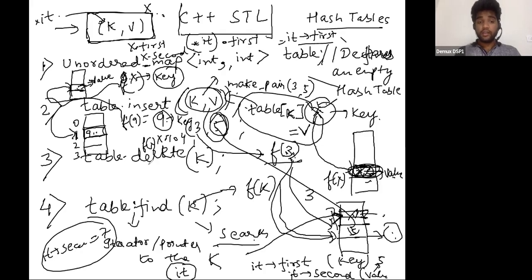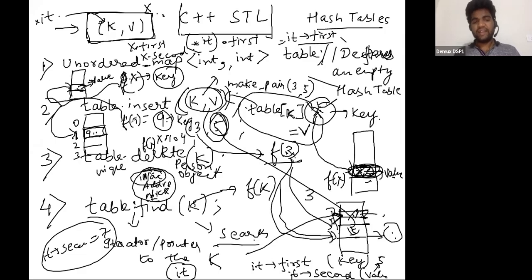Or let's say you had a big object, a user defined object, a person's object with the name, the address, the nickname, the father's name, mother's name, all that. And you had a unique identifier for that person, which was the name, let's say. Then you could use that name to index into the table and store the entire person's attributes here. Right? So that is also one way you could look at it.